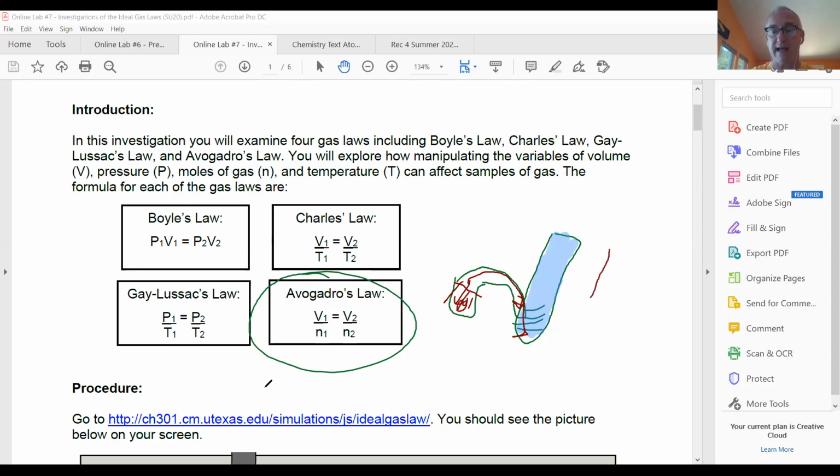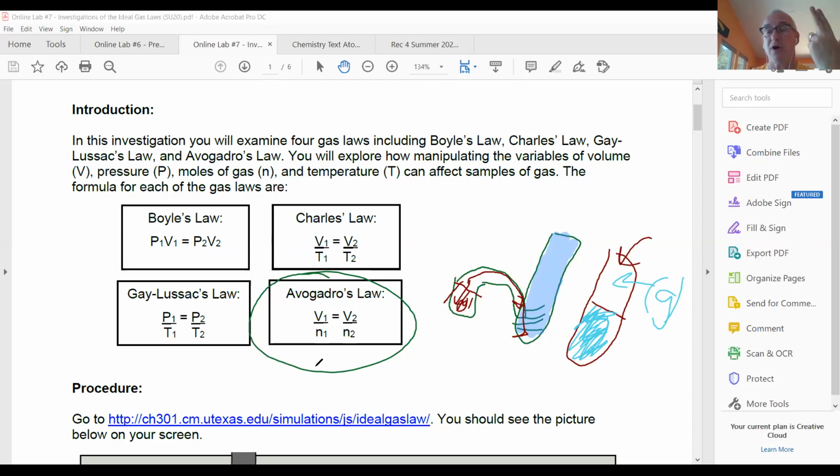So as he did this reaction, he would get more and more gas, which would fill up the top, and it would push out the water at the bottom. So this would be the water at the bottom, and this would be his product, the gas product at the top. And he noticed that when he added twice as much reactant into his reaction, he would get twice as much product.